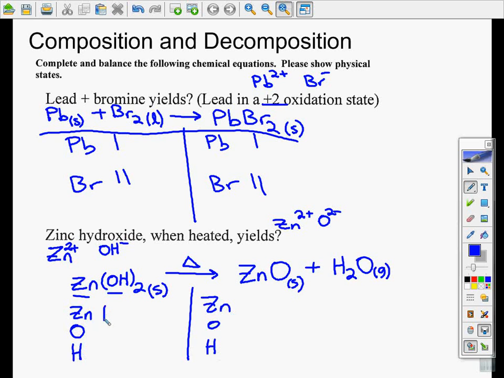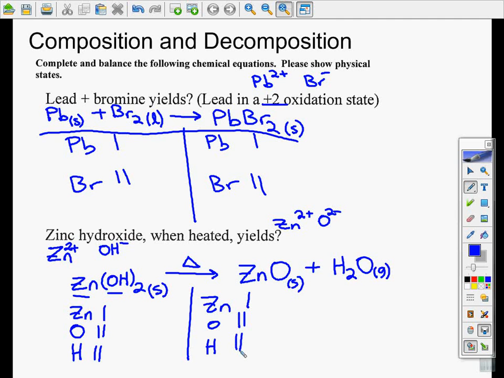On this side I have one zinc, two oxygens, and two hydrogens. On this side, I have one zinc. I have a total of one oxygen from the zinc oxide, one oxygen from the water, two oxygens, and two hydrogens from the water. This is, in fact, balanced once again.